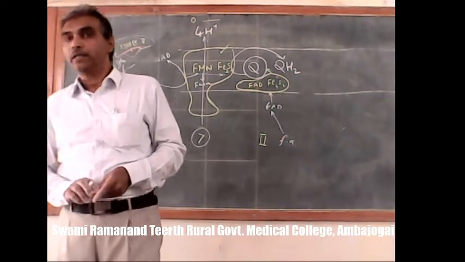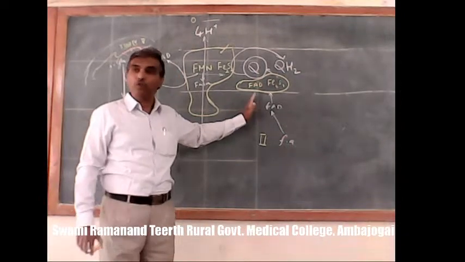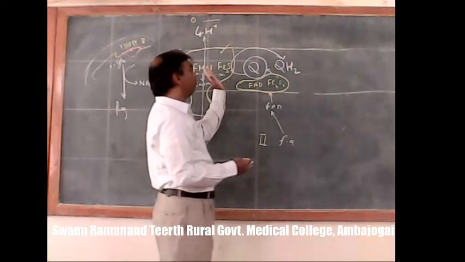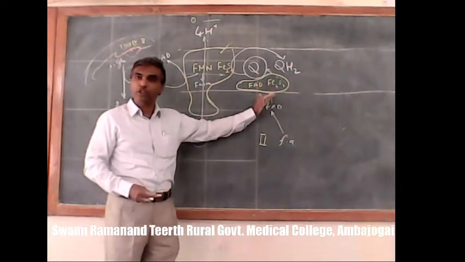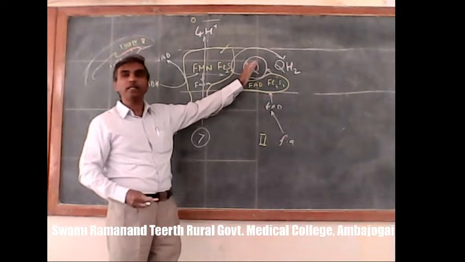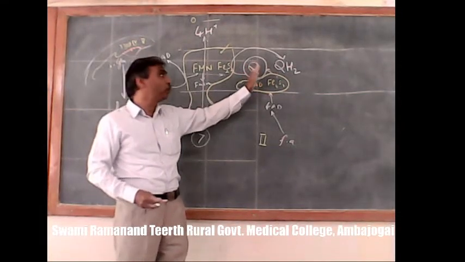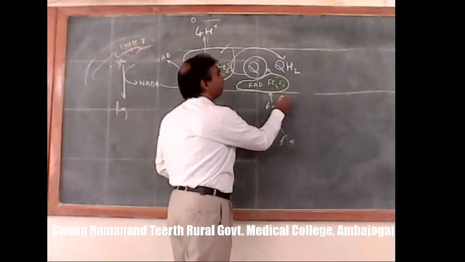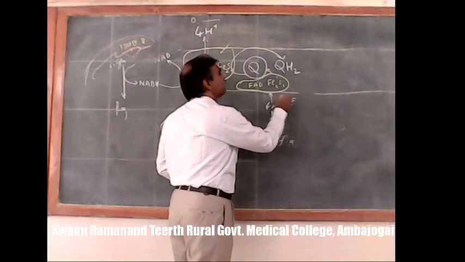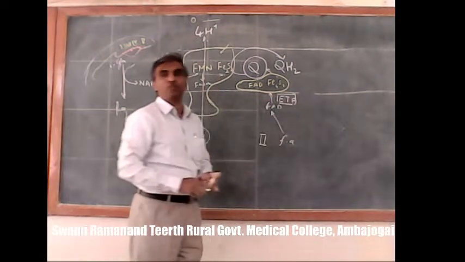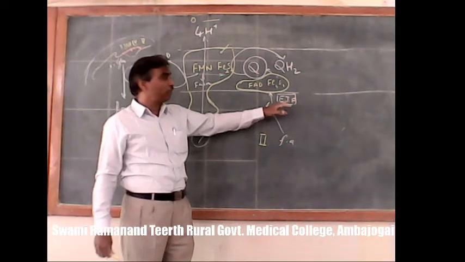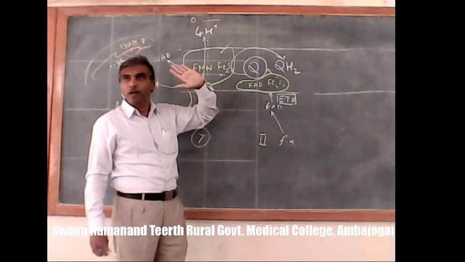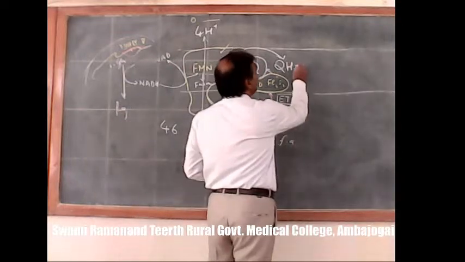Okay. There is no pumping of protons from complex 2. So ultimately both complex 1 and complex 2 donate reducing equivalents to Q to form QH2. Here in between there are electron transfer flavoproteins. They are seen with glycerophosphate dehydrogenase, which then transfers electrons to complex 2. So ultimately what we get is QH2.